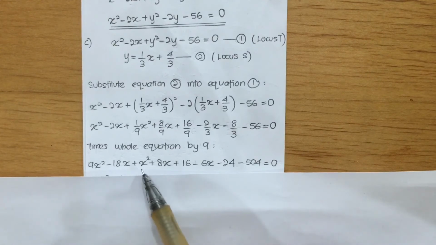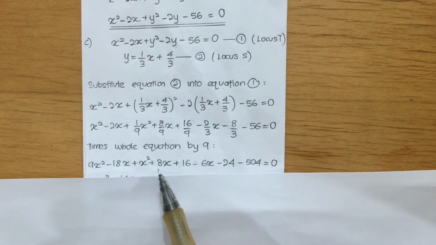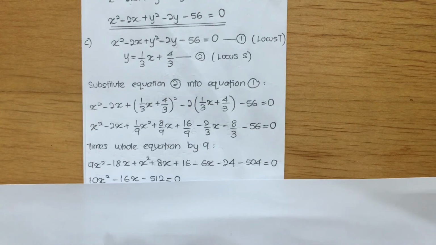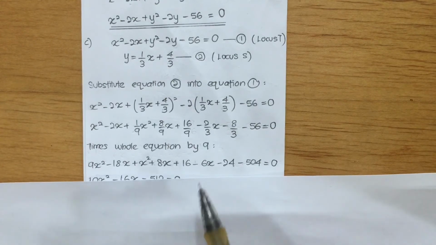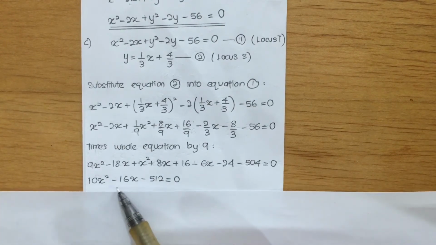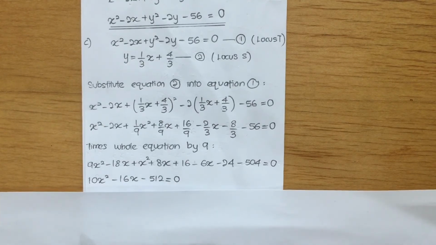9x² plus x² you should get 10x². Negative 18x plus 8x you should get negative 10x, and then minus 6x, you get negative 16x. Then you sum up all the numbers and you should get 10x² - 16x - 512 = 0.